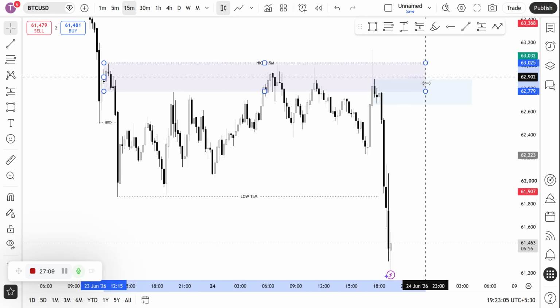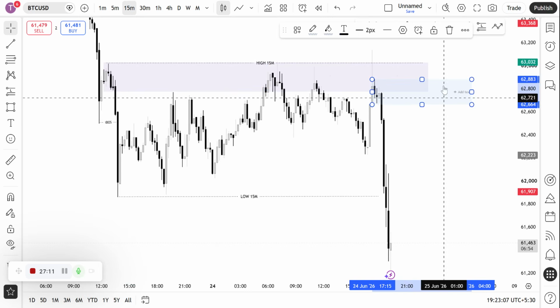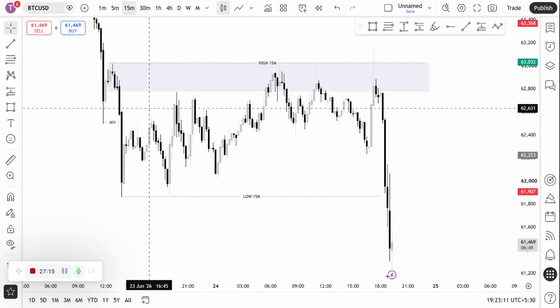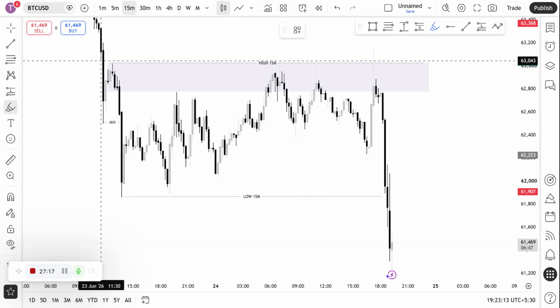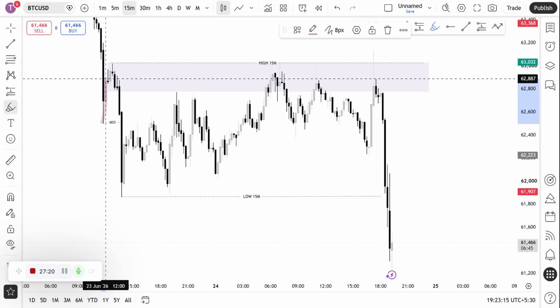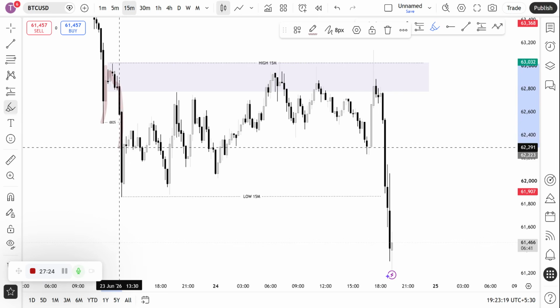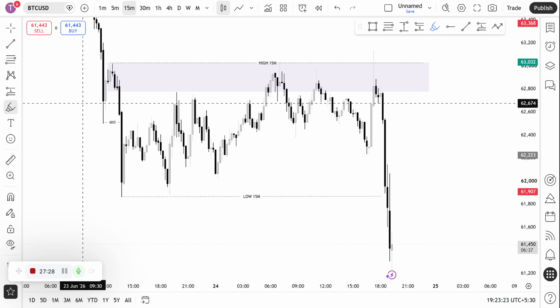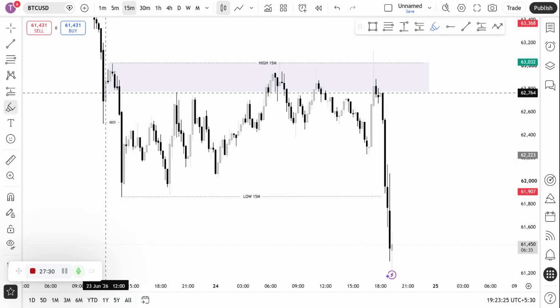So mostly I use a ranging method to mark my order blocks. As you can see, the market came down here, and then pushed to the upside, consolidating somewhere here, and then pushed to the downside, breaking the structure right here. So this is a consolidation whereby the market was consolidating.